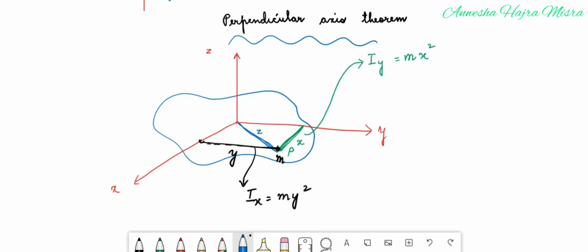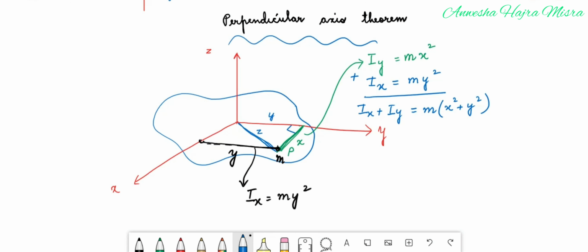Now if we add Ix and Iy, Ix was m into y square. If we add the two, Ix plus Iy is m into x square plus y square. There is a 90-degree angle between x and y. So x square plus y square is nothing but z square.